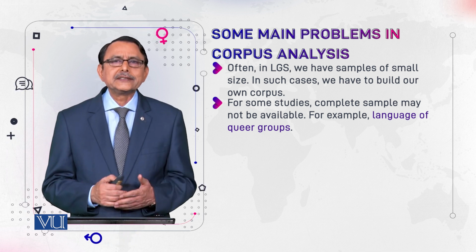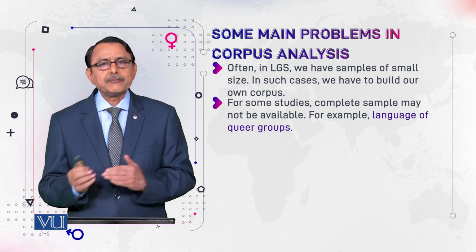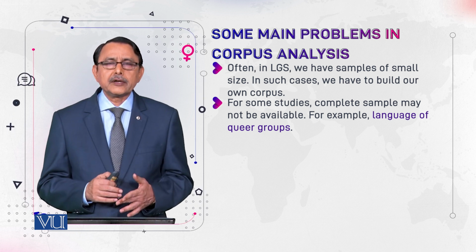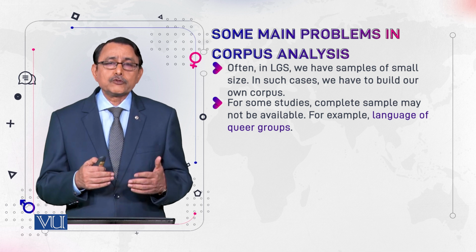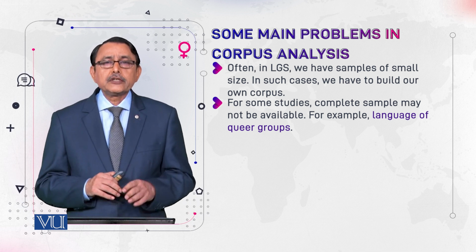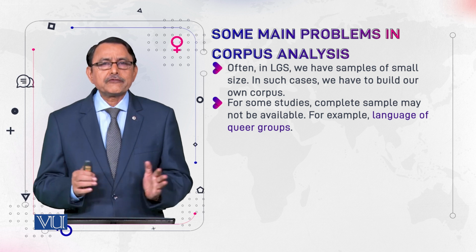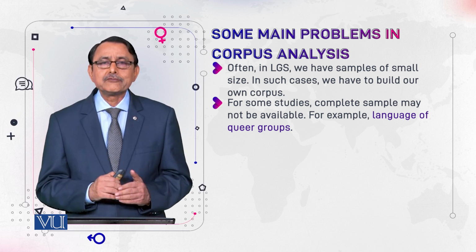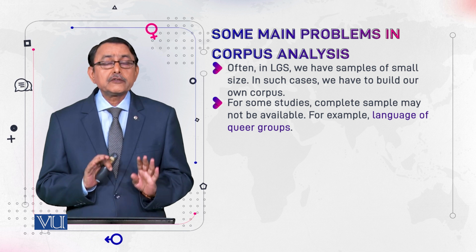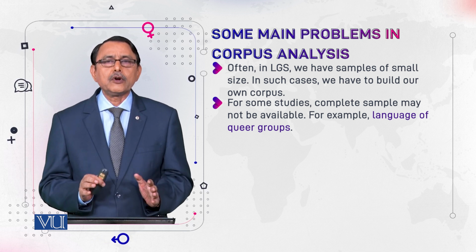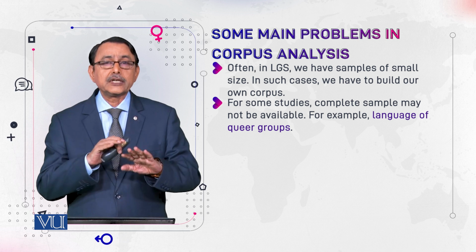They want to hide their identity in public, but they want to expose their identity when they are using it for political purposes, and so on. So in different contexts, they use different language. If you are studying career groups and their language, it would be very difficult to get a representative sample from these people.